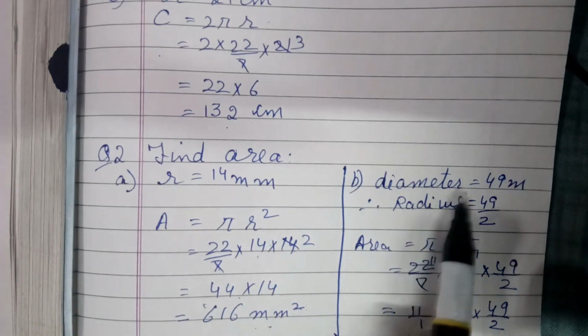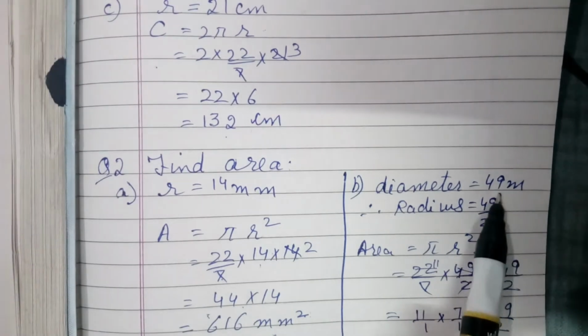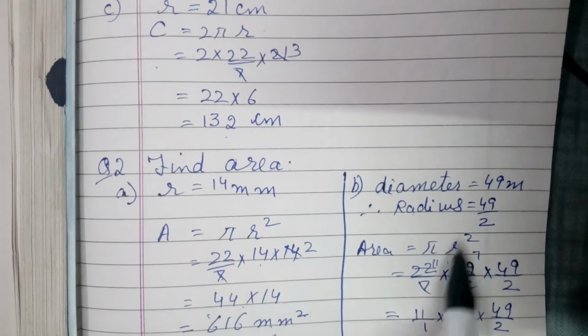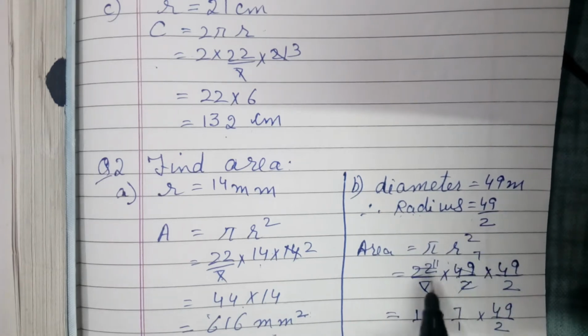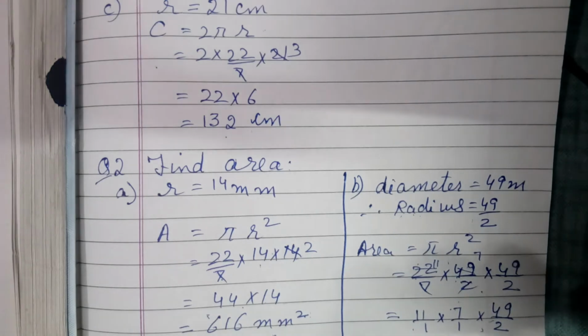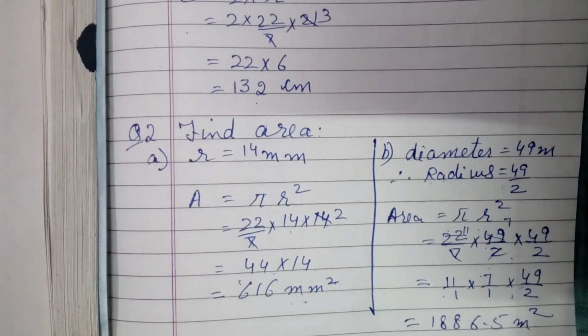Now diameter is given in the second part. So what will be our first step? First we will have to find the radius, because we want r here. So radius is half of the diameter, so 49 by 2, write it. Now 7 7s are 49, 2 11s are 22, you get 11 by 1, 7 by 1 into 49 by 2, and on multiplying you will get the answer 1886.5 meter square.